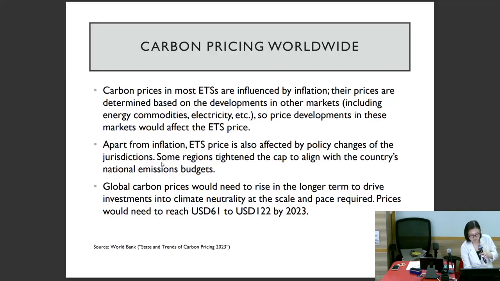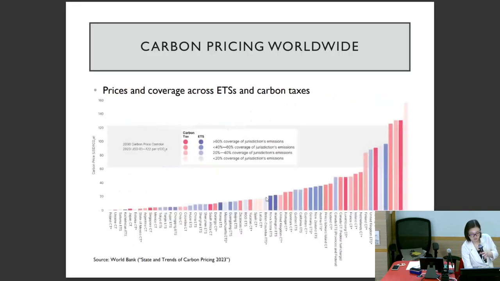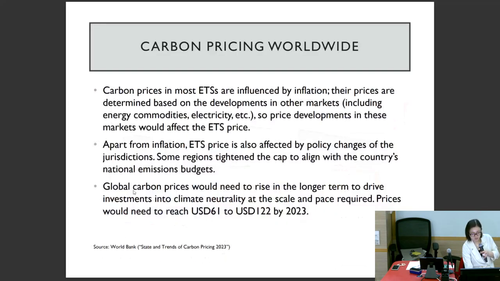Okay, so you can see that the trend of the price of carbon or carbon tax will vary across different regions. Okay, global carbon price would need to rise in the long term to drive investment into climate neutrality at the scale and pace required.